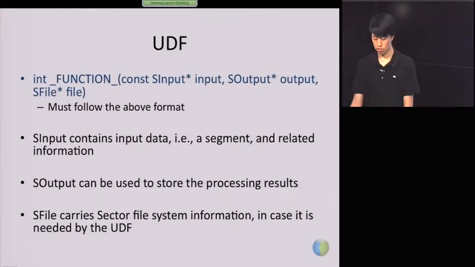So this is an example of a UDF: input, output, and some parameter information. It's very simple. If you have an existing application, you just need to wrap your binary and call it inside this UDF. Just a few lines of code, you can wrap it up. Or if you want to write a new application, you can write that as well.